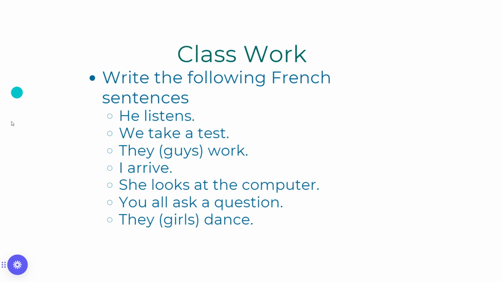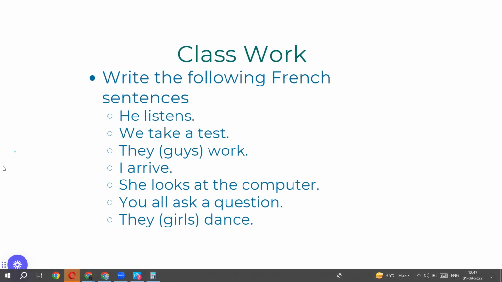What I'll have to do right now is, I showed you the verbs. Take a few minutes, go back, see those words, and then come here. Now, you'll have to see this verb: listens, right? So the verb is listen.